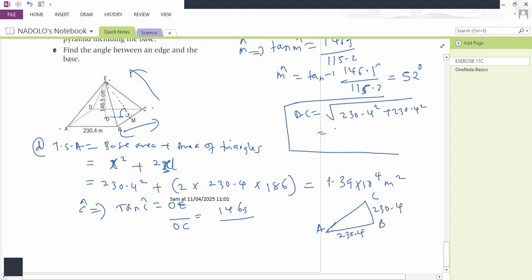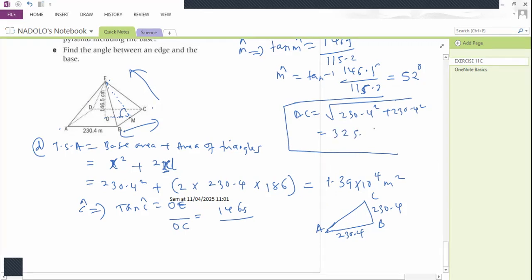If you use your calculator to do 230.4 squared plus 230.4 squared, and then square root, you get your answer, 325.8348048.